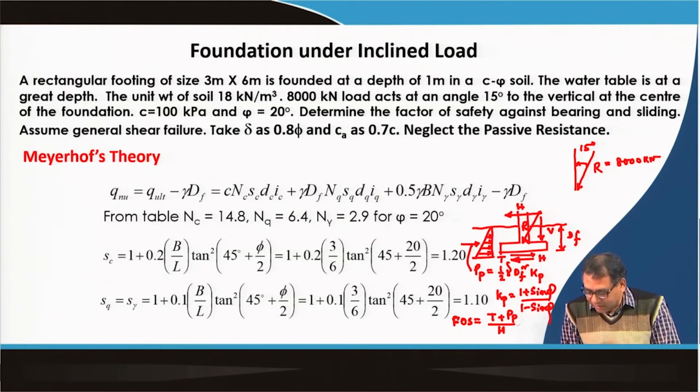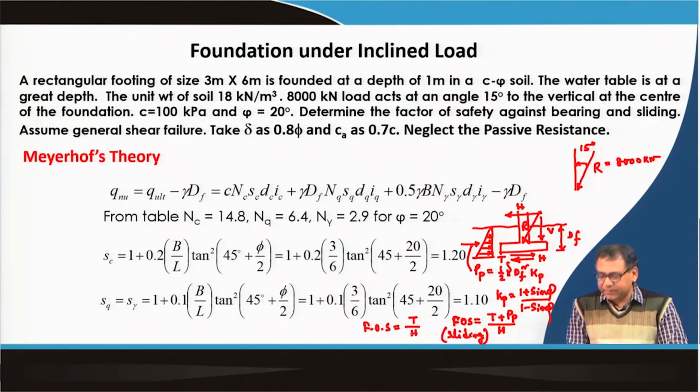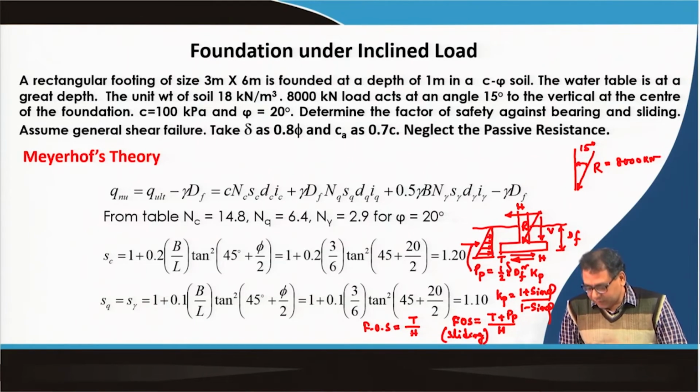But in this case we have not considered P_p. So, in our case the factor of safety for sliding will be T divided by H, because we are neglecting the P_p part.